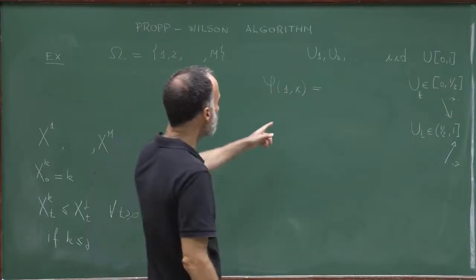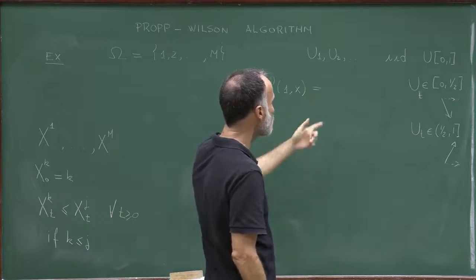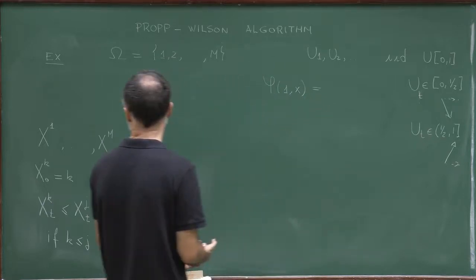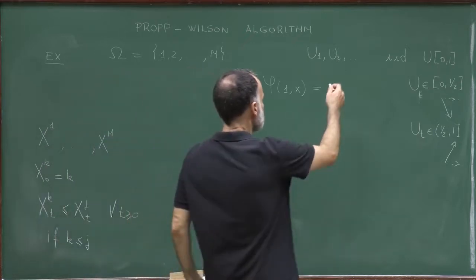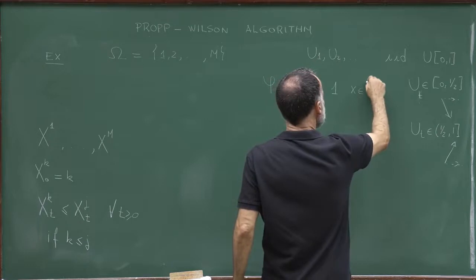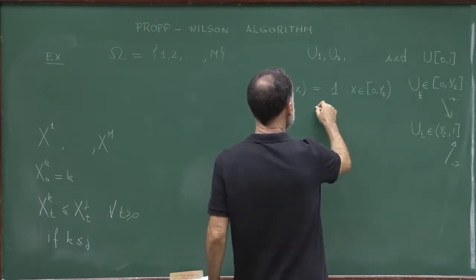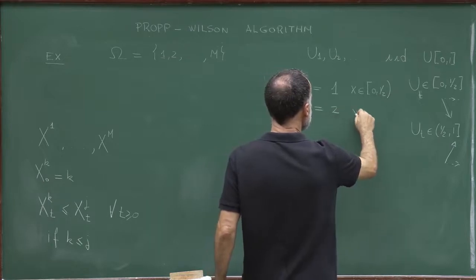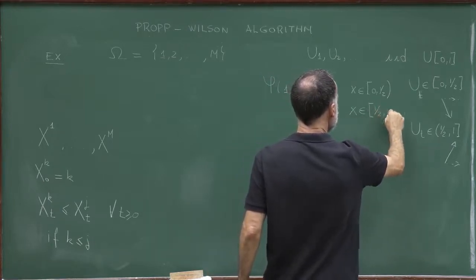So phi_1(x): it's impossible to decrease because the chain takes values only in 1 to m. So we define it to be 1 if x belongs to 0, 1/2, and it will be equal to 2 if x belongs to 1/2, 1.